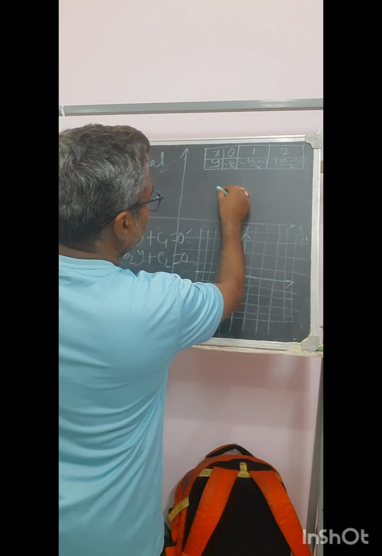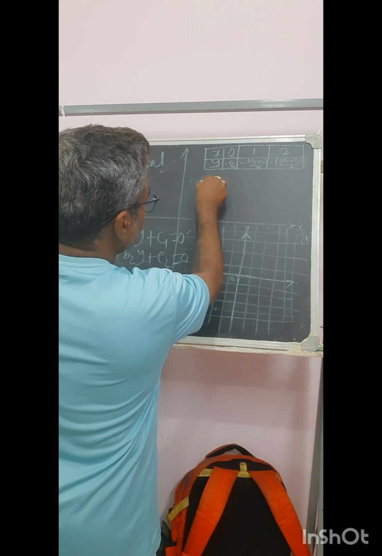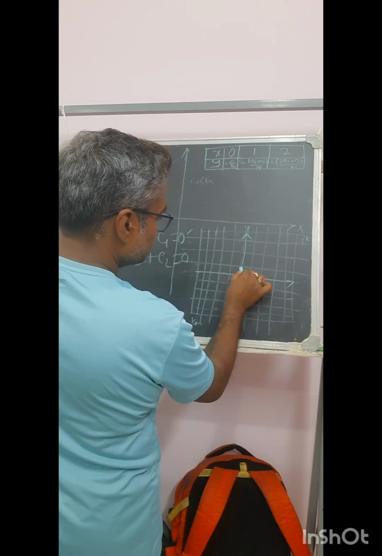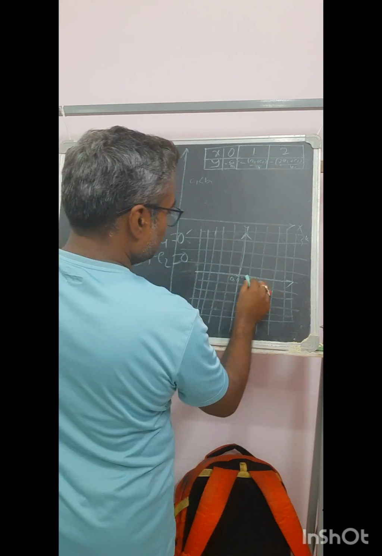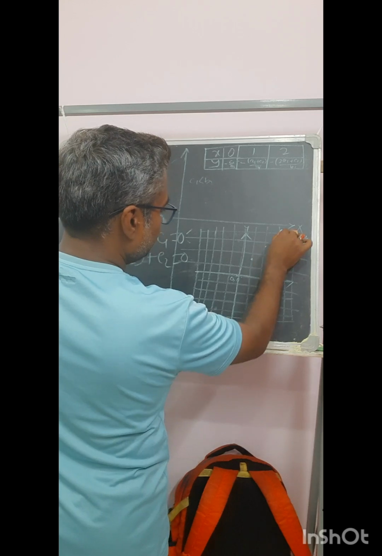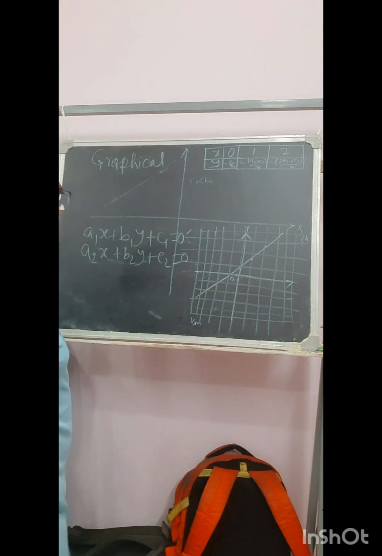Let's say if c1 is less than b1, so it will be within that. I am getting this point. This is 1, for value 1 I am getting somewhere here, and for value 2 somewhere here. So if I join this line, I will get something like that.